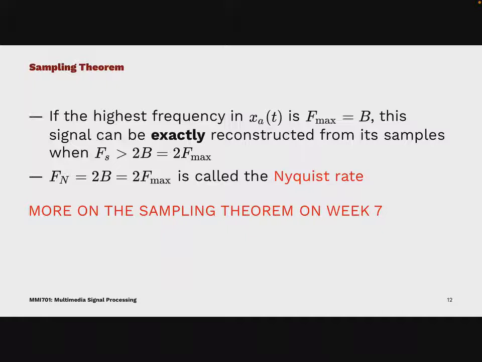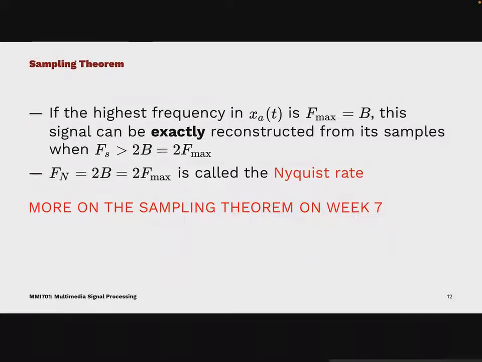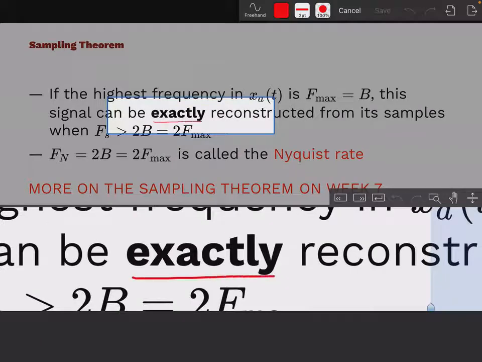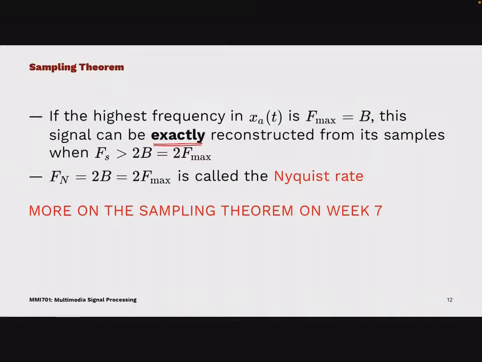If the highest frequency in an analog signal, x sub a of t, is B, that is the maximum frequency contained in x_a of t, this signal can be exactly reconstructed from its samples when the sampling frequency is greater than 2B, that is twice the maximum frequency contained within the analog signal.